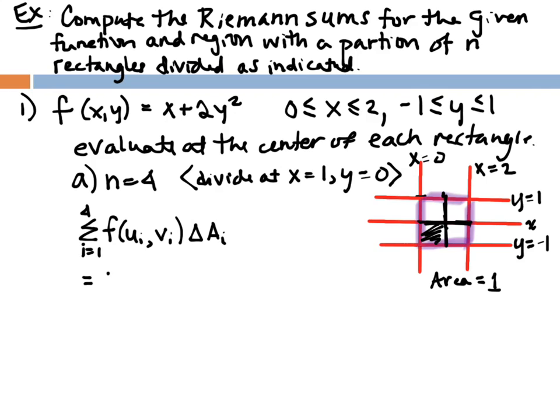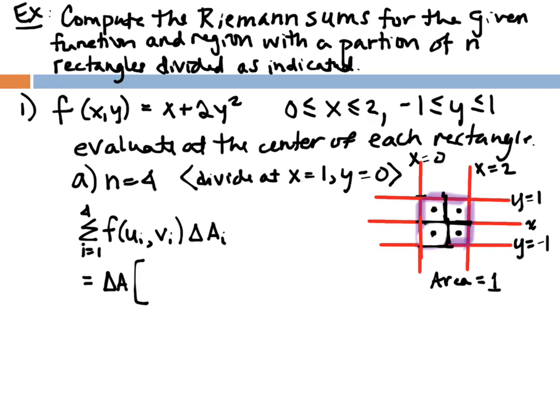We're going to measure each height in the middle of these rectangles. So we need the ordered pair at each one of these midpoints. I think you guys can tell me them.